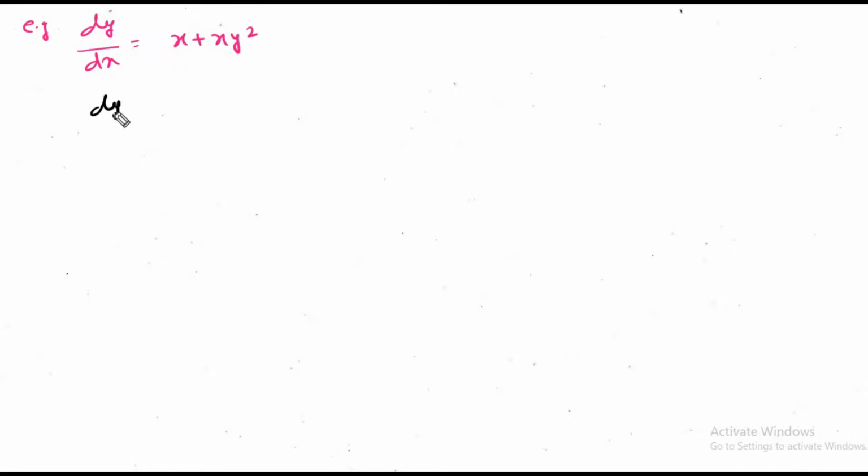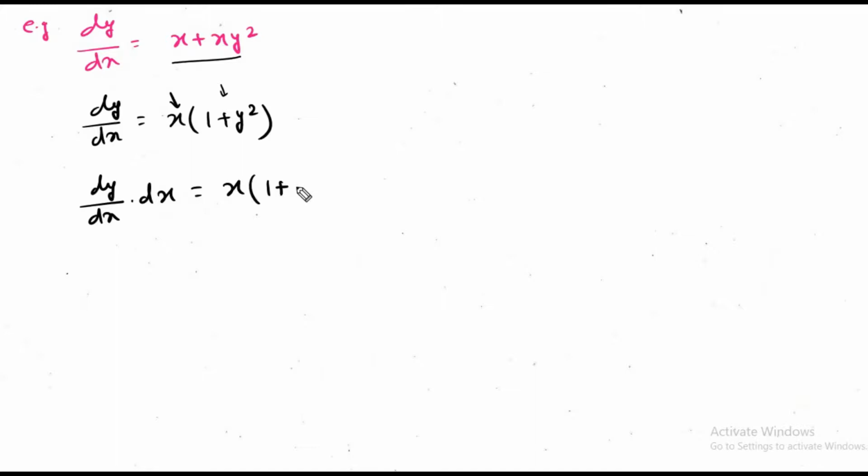So dy by dx is equal to, if we take x common in both terms, x into 1 plus y square. Here the function of x is separate from the y variable, so now multiplying both sides by dx, dy by dx into dx is equal to x into 1 plus y square into dx.